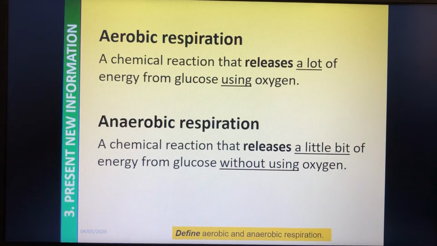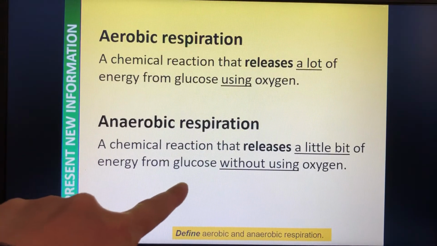And it only releases a small amount of energy, so it's not as efficient. That's why when we do a 100-meter sprint, we can't keep going forever and ever because we run out of energy. And it's in the absence of oxygen. So when we go into this anaerobic state, and we know that we've done that because we've got the pain of the lactic acid, we'll talk about that in a bit, that means that we've run out of oxygen.